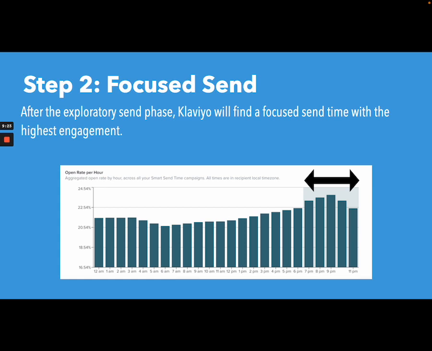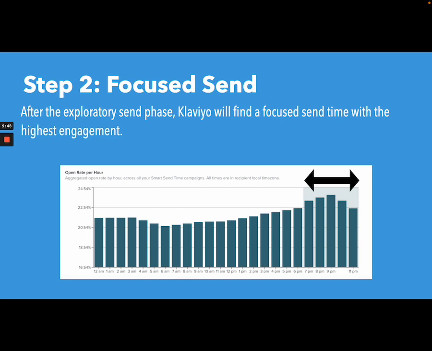Step 2, this is what Klaviyo does next. This is called a focused send. So after that initial phase, Klaviyo will try and pinpoint the hour that's best to send a little bit clearer. So as you can see here, it's between 7 and 11, somewhere in this time. That is where the focused send will be worked out and will be sent to.